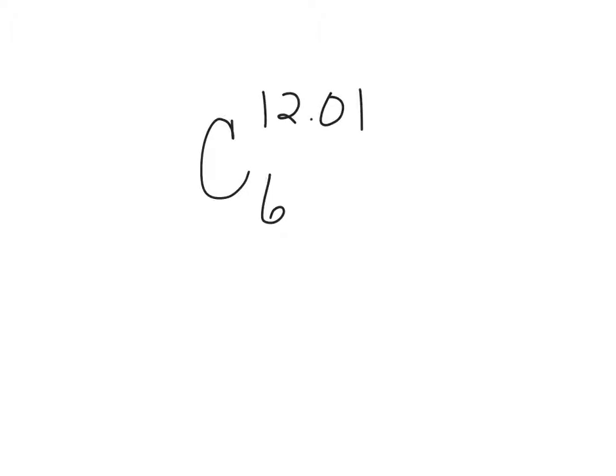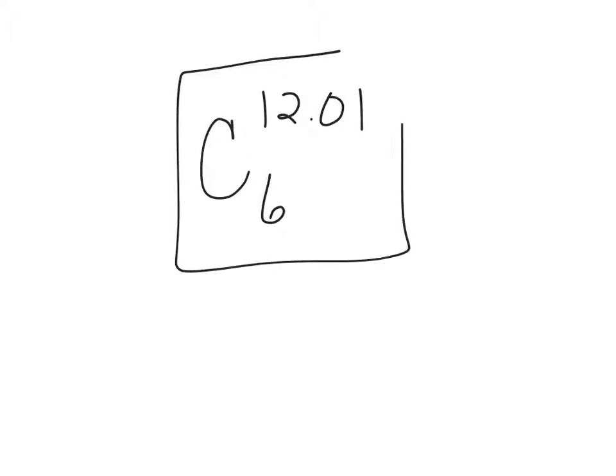So sometimes you'll see the chemical symbol written like this. This 12.01 is slightly bigger than 12 because there's also a contribution to the mass of carbon coming from carbon 13 and carbon 14. But the number's closest to 12 because 98% of the carbon is 12 AMUs.